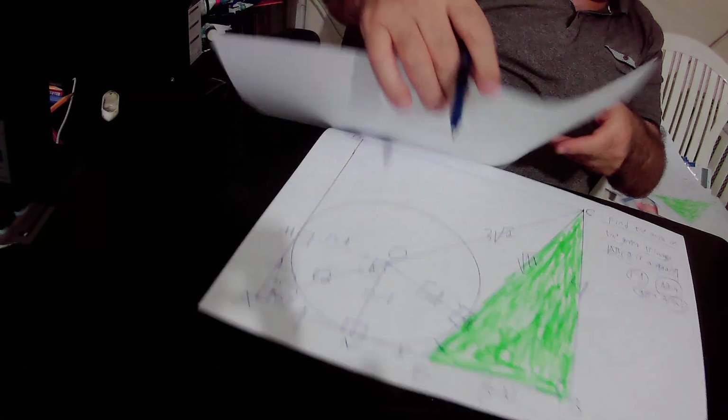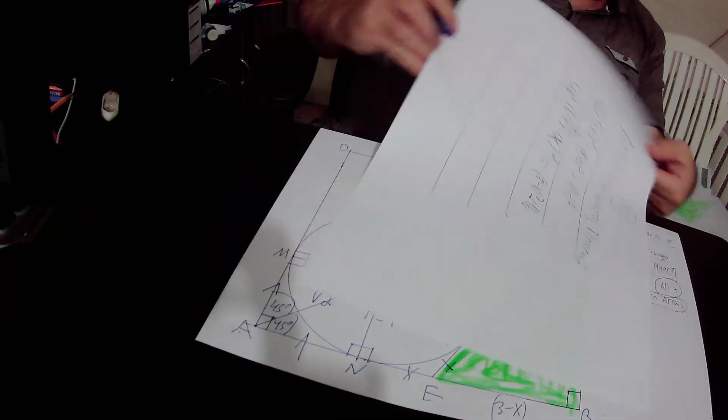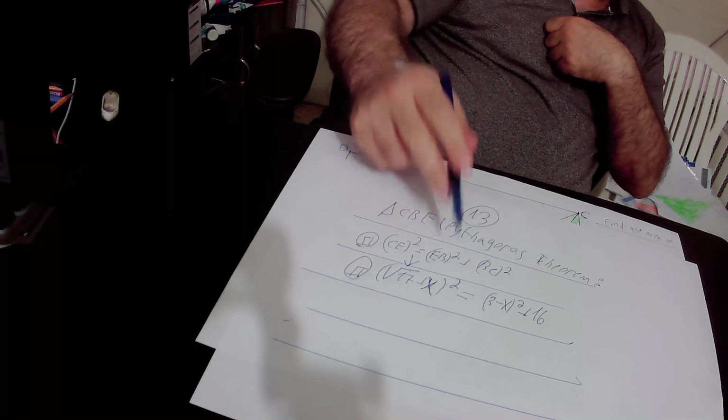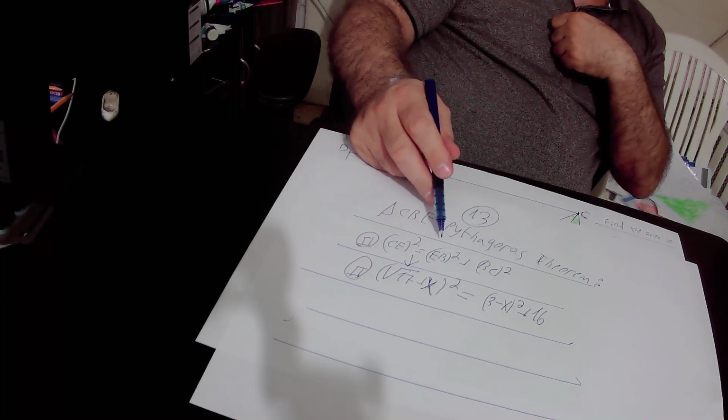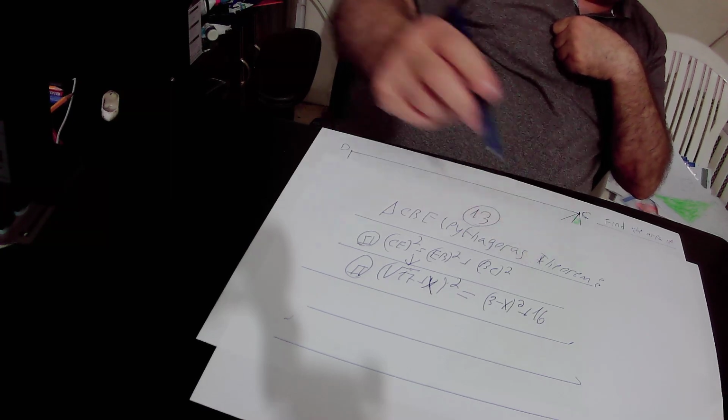4 squared is 16. In total, we got that CE squared is (square root of 17 plus x) squared, EB squared is (3 minus x) squared, and BC squared is 16.